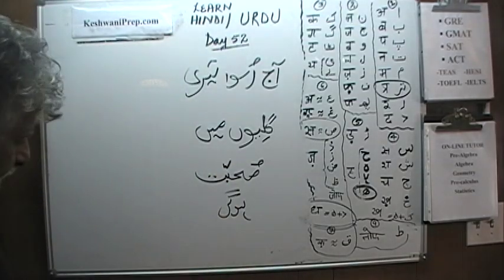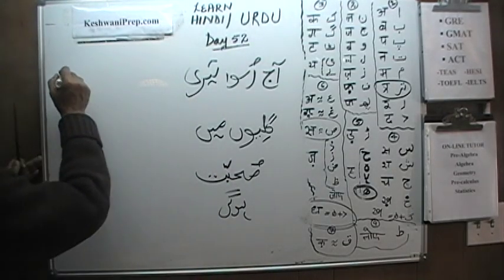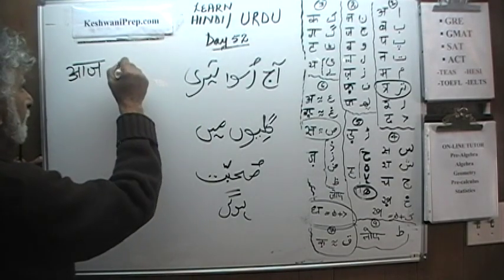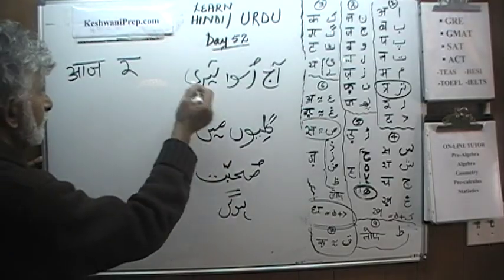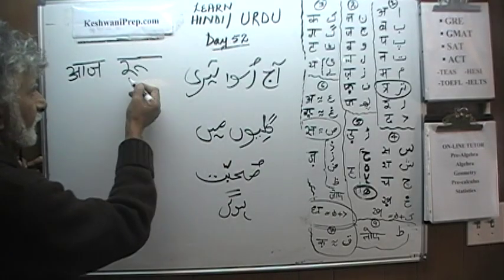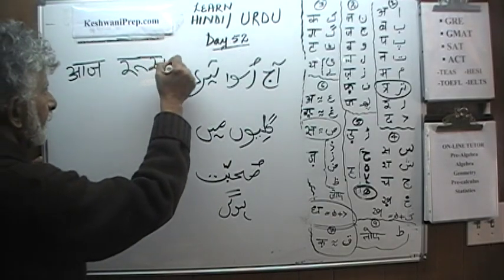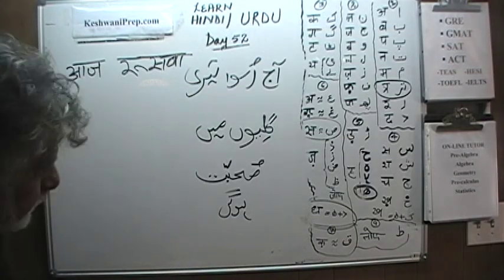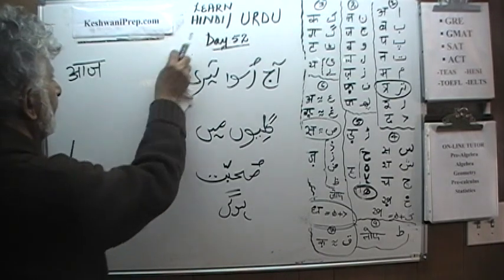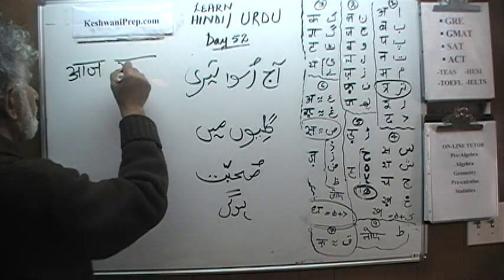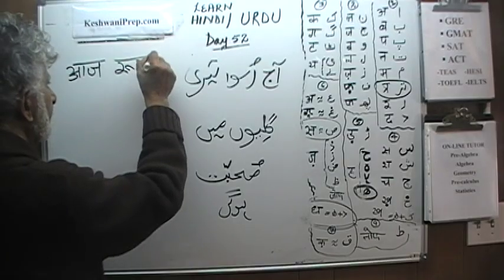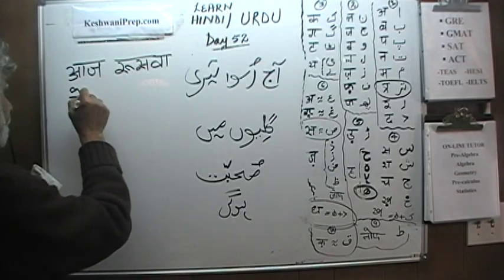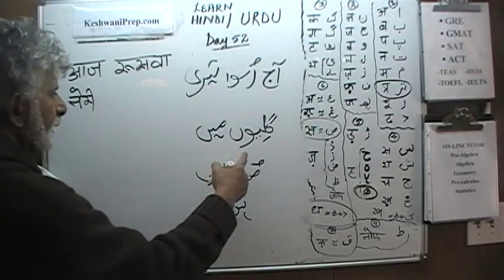Let's write it in Hindi. Aaj, ruswa is a tricky one. So there is your ra. To make a ru, you have to put it on the side. That's a ru. So, wa, ruswa. Oh, I'm doing a horrible job. Aaj ruswa teri galiyon.